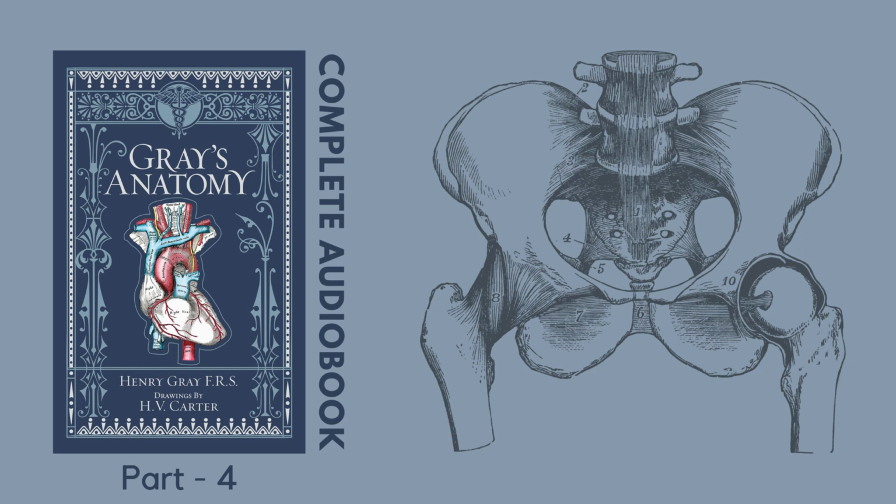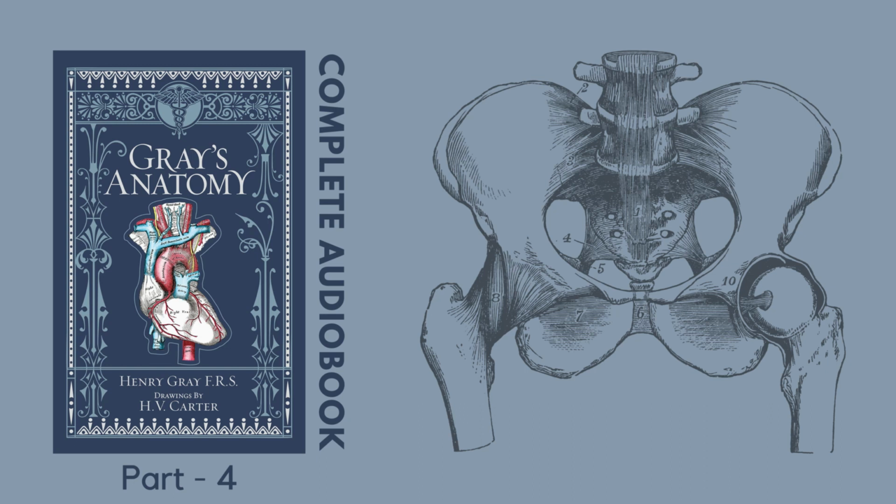The lateral border extends from the anterior inferior angle of the greater trochanter to the anterior extremity of the lateral condyle. The medial border extends from the intertrochanteric line, at a point opposite the lesser trochanter, to the anterior extremity of the medial condyle. The anterior surface includes that portion of the shaft which is situated between the lateral and medial borders.